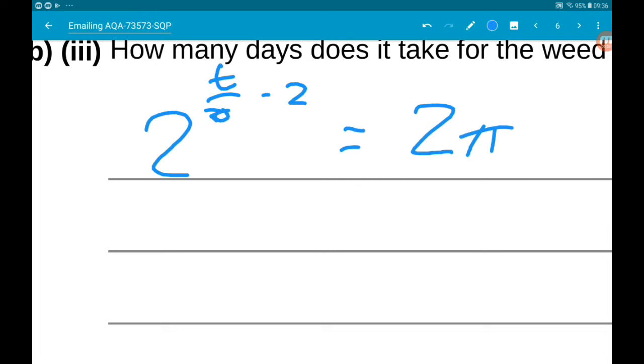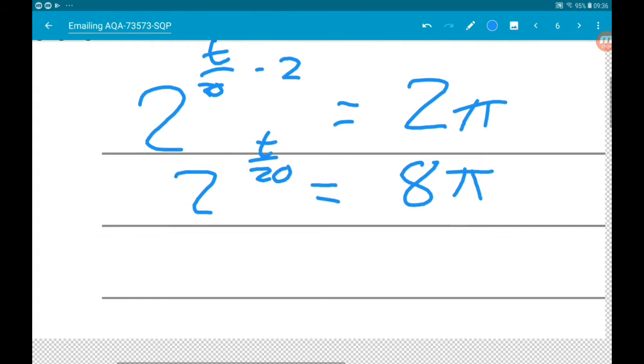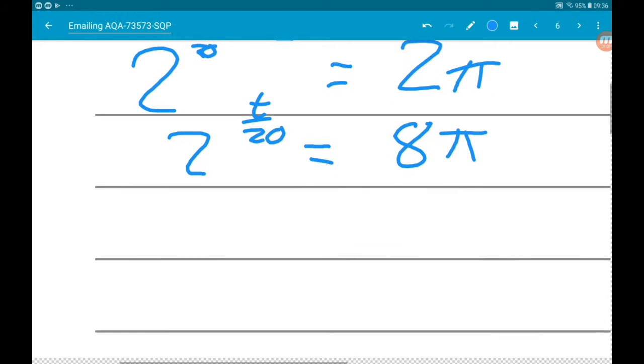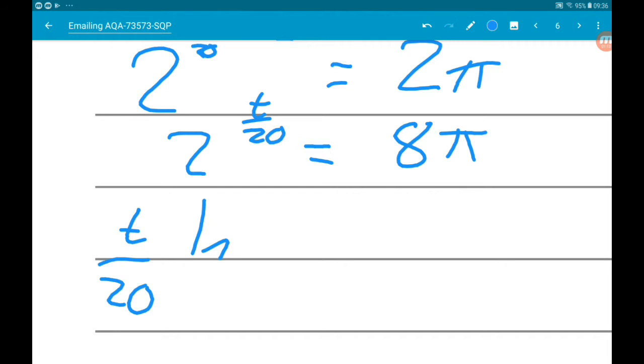So if we multiply both sides through by 4, we get 2 to the t over 20 is equal to 8 pi. If we take logs of both sides, we get t over 20 log 2 is equal to log 8 pi.